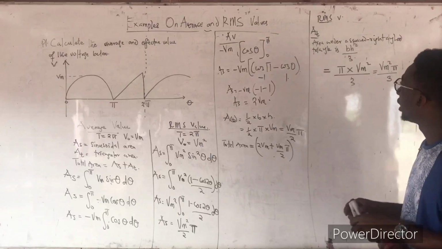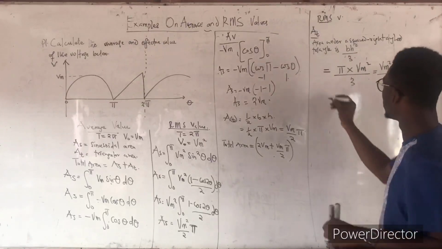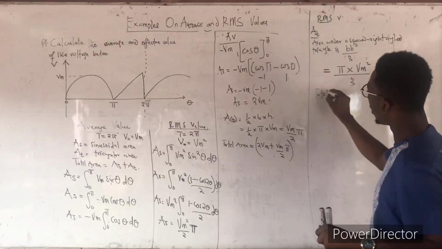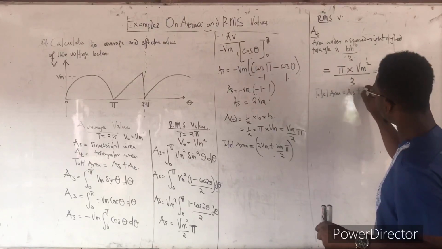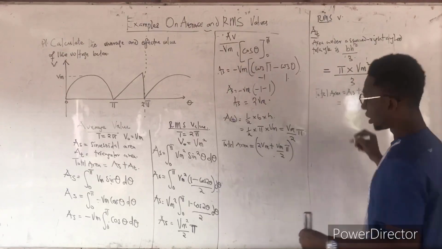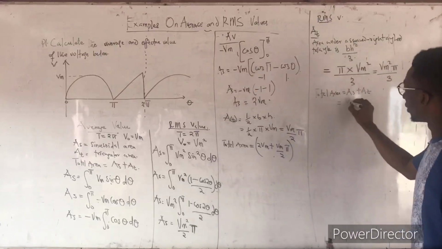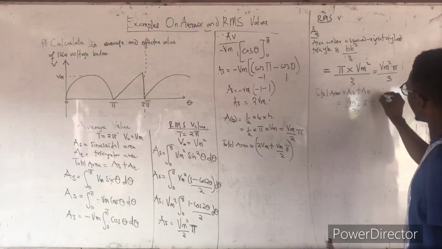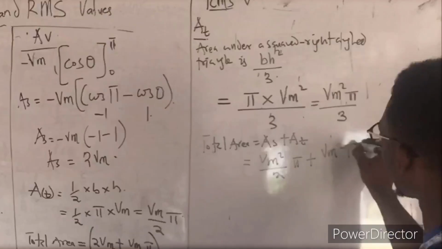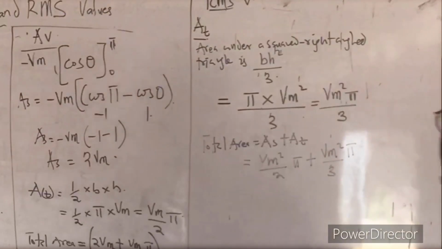So the total area of the root mean square becomes the A of x plus the A of t. And the A of x here is Vm squared on 2 pi plus Vm squared pi on 3.